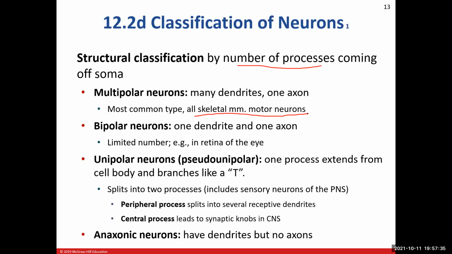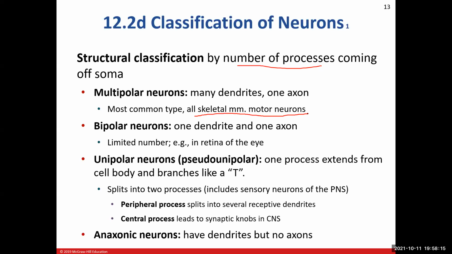Remember what we said about the somatic? The somatic motor nervous system is what you can voluntarily or consciously control, the effector. And the only type of tissue that you can voluntarily control is skeletal muscle tissue. Therefore, all the skeletal muscle tissue motor neurons are going to be multipolar. So you can also say that all the neurons in the somatic nervous system are multipolar.